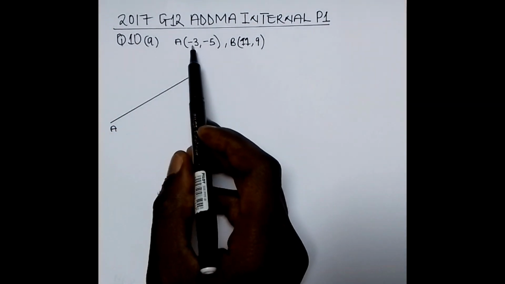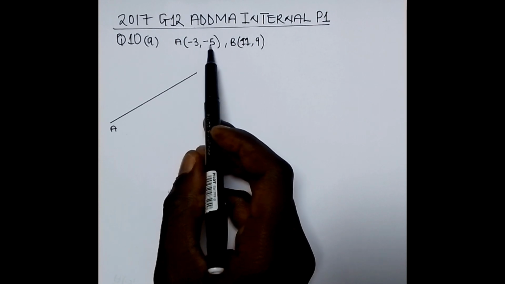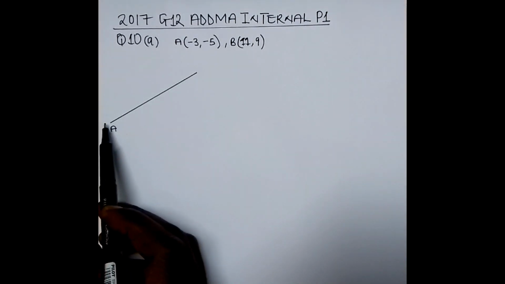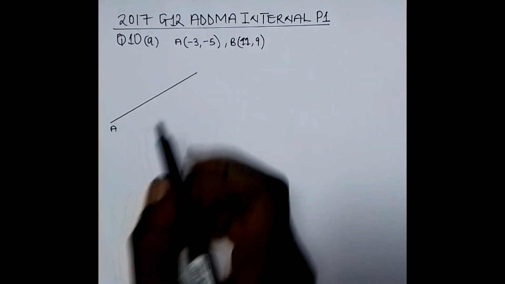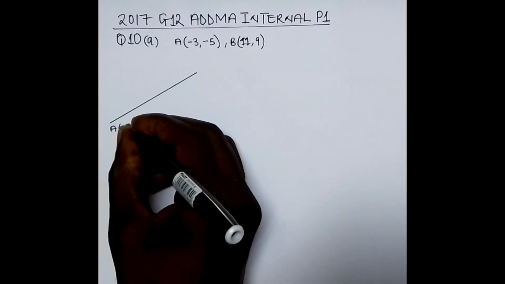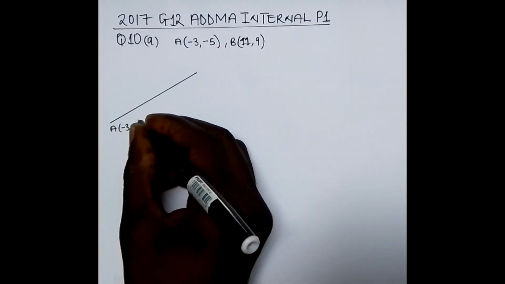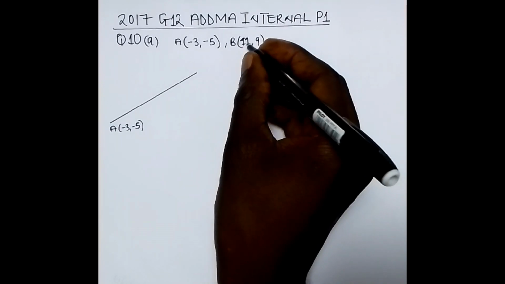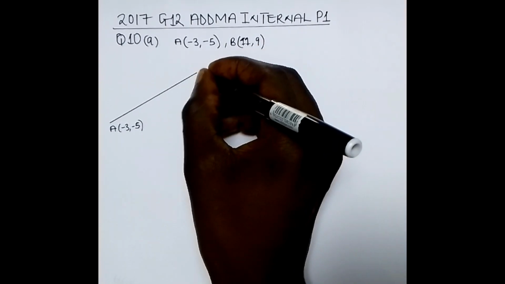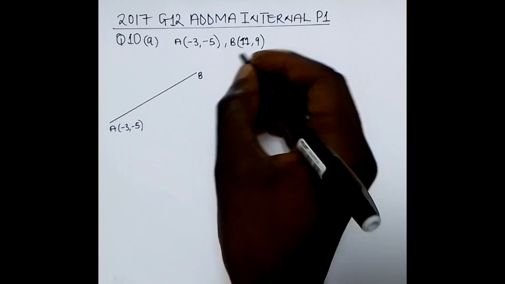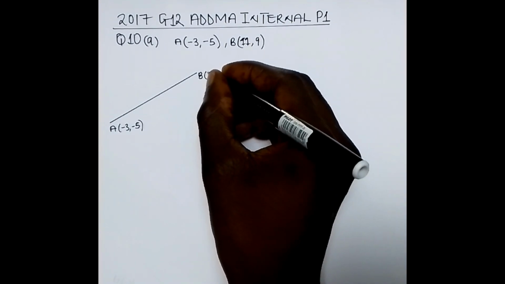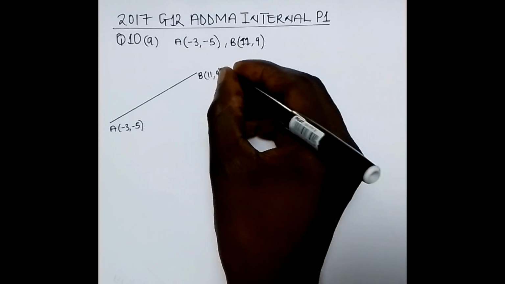Because -3, -5 is on the negative x-axis and negative y-axis, if you imagine the point on the xy plane. Then B is 11, 9, meaning B is on the positive x-axis and y-axis.